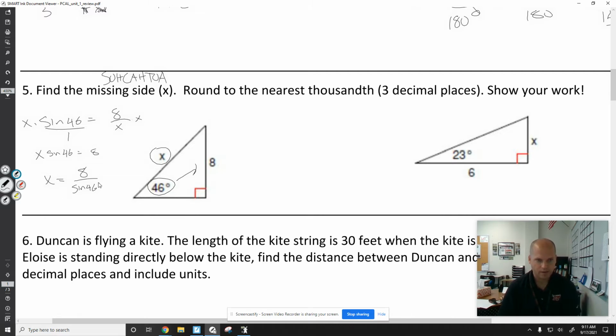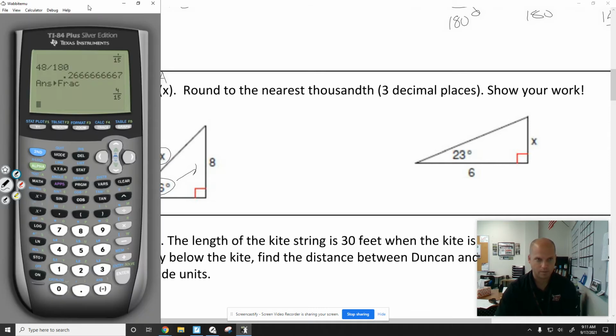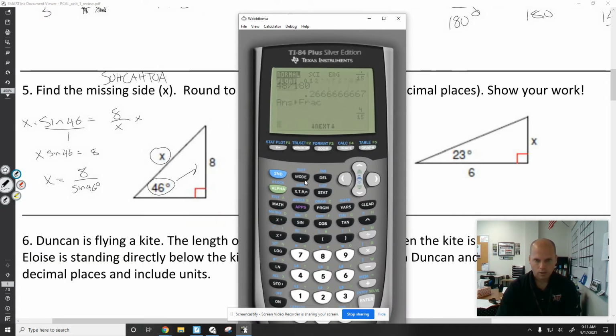If you didn't have a calculator, I'd expect you to just leave this. If you did have a calculator, here's one thing you have to worry about. Got to change your mode from radians to degrees. Because if I type in sine 46 and I'm in radian mode, it'll think of it as an angle, not in the first quadrant, but like a multiple of pi.